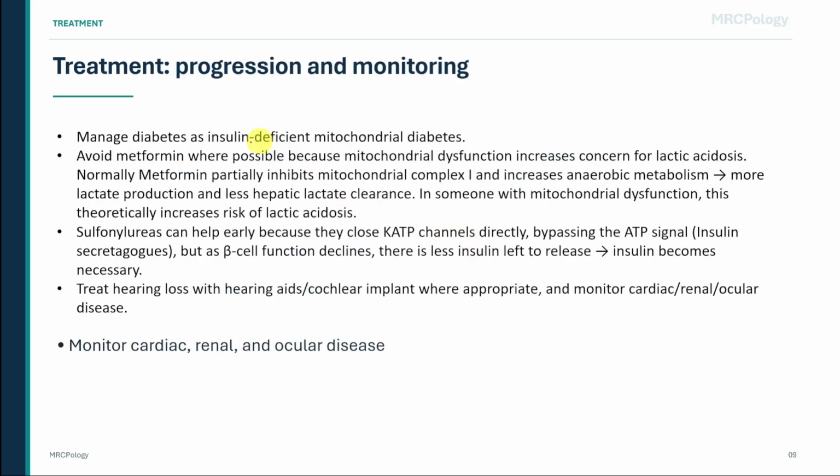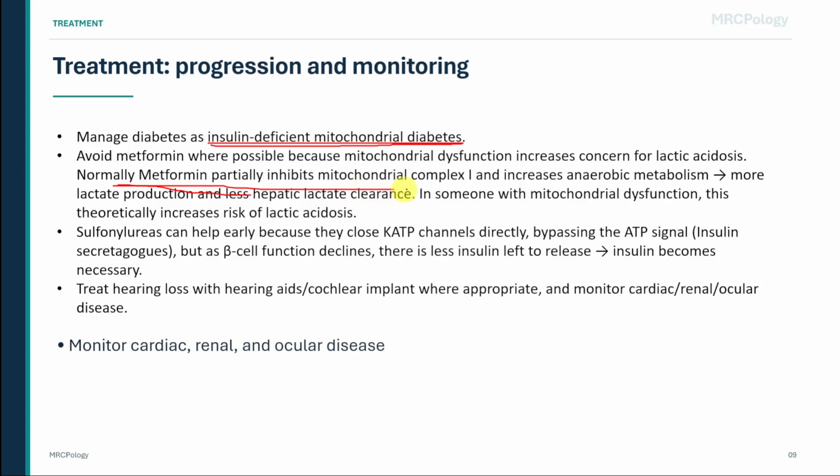The diabetes should be approached as insulin-deficient mitochondrial diabetes rather than automatically managed as conventional type 2 diabetes. Metformin is generally avoided where possible or used only with careful clinical judgment because the underlying disorder already impairs mitochondrial energy metabolism. Metformin partially inhibits mitochondrial complex 1.